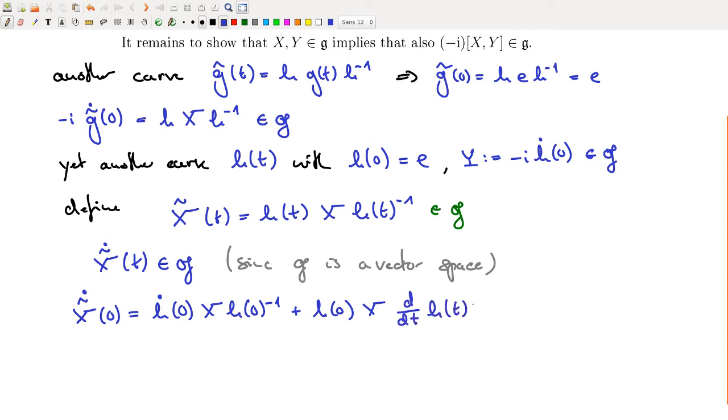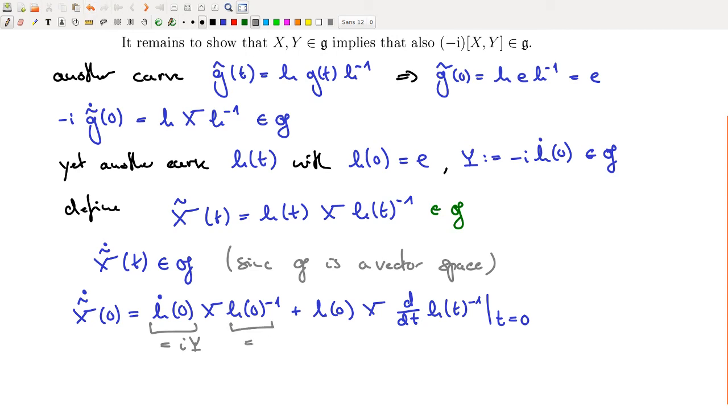We have h of t inverse, d/dt at t equals 0. So what is what here? This is i Y. We can see this from here. h dot is i times Y.